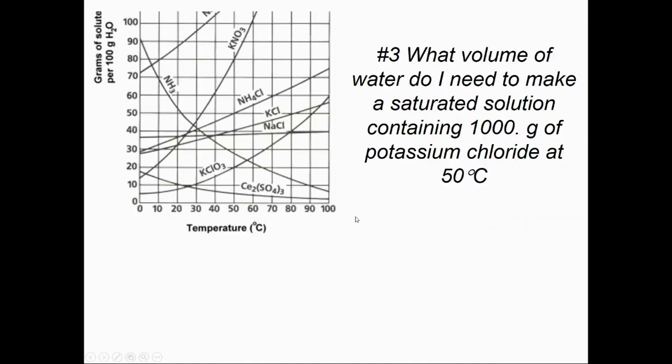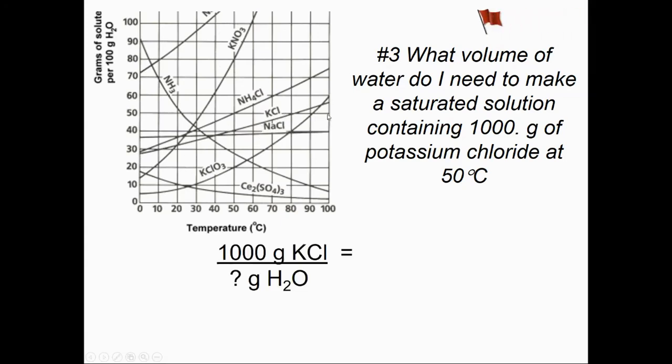The last one. What volume of water do I need to make a saturated solution containing 1,000 grams of potassium chloride at 50 degrees Celsius? So we're looking at potassium chloride. That's this line right here.